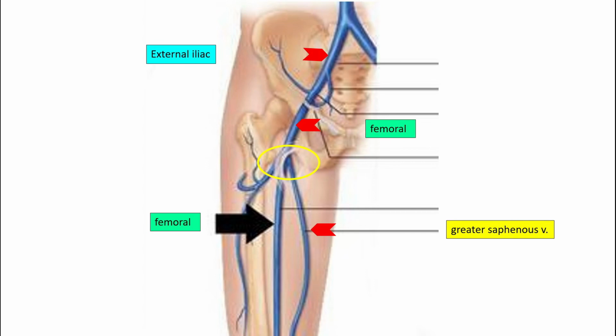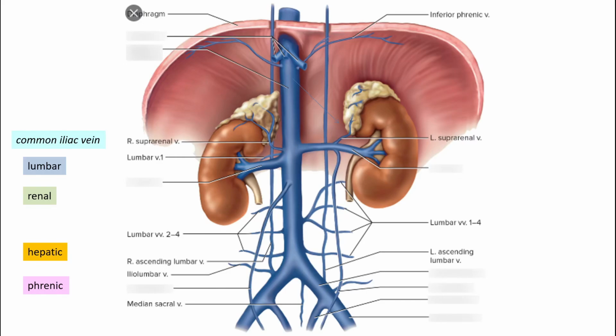The external iliac artery is the artery coming to the lower limb, and the external iliac vein is bringing blood from the lower limb. This is a view of the posterior part of the abdomen, showing the different veins.